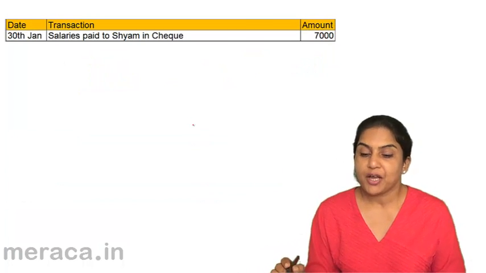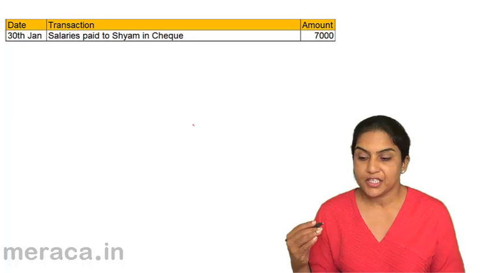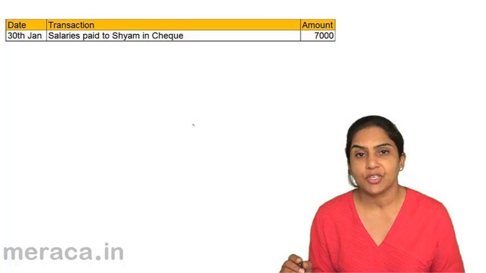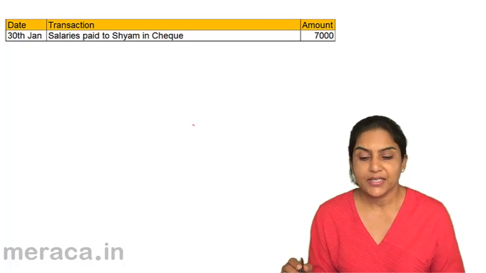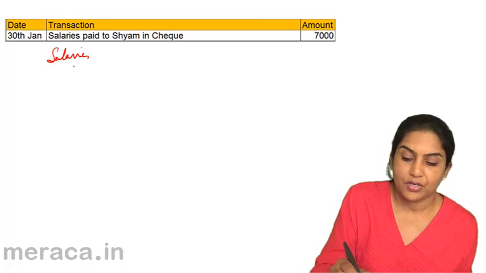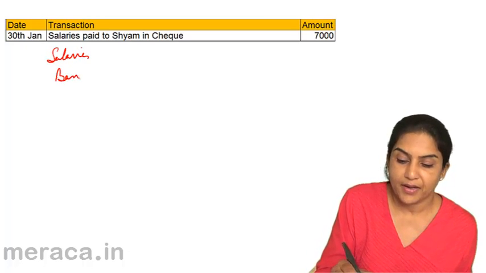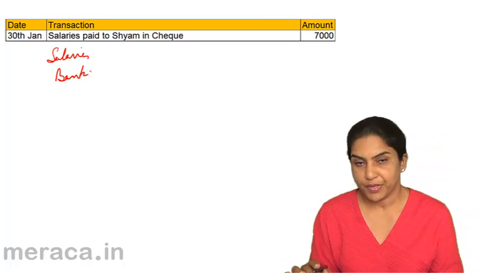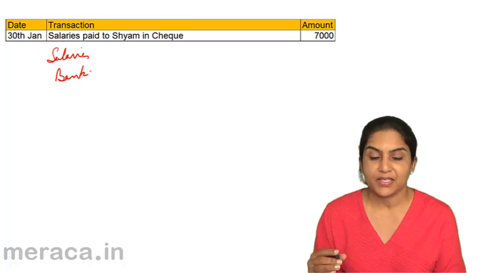Salaries paid to Shyam by check. What is the entry? What are the accounts involved here? One is salaries. Two is bank. We don't bring Shyam into the picture because salaries is the expense.